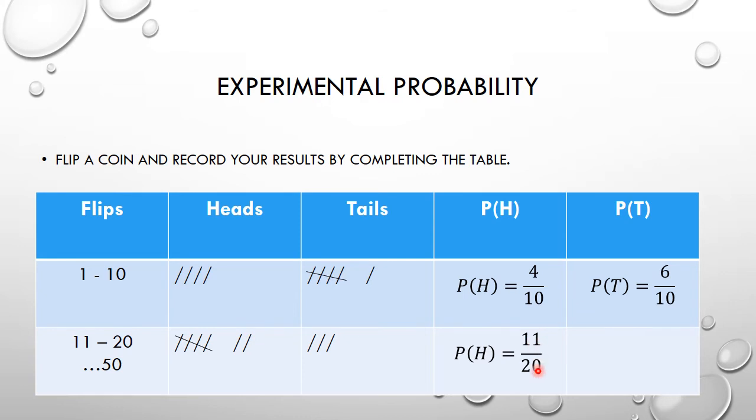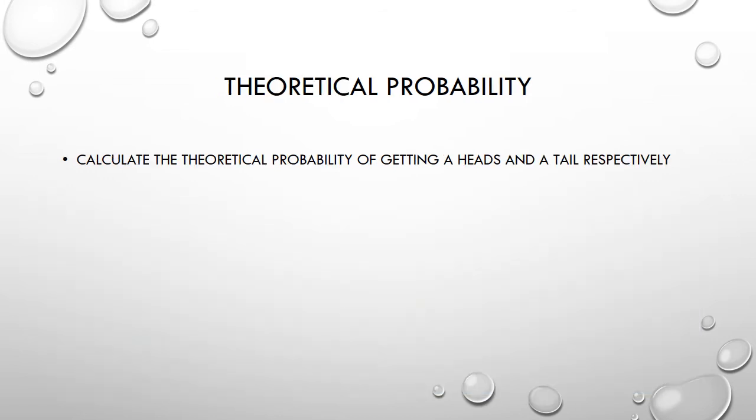So please complete this table going up to 50. You'll have 5 rows going down. Please continue to complete the probability of getting heads as well as tails, and see more or less the percentage that you get at the end.